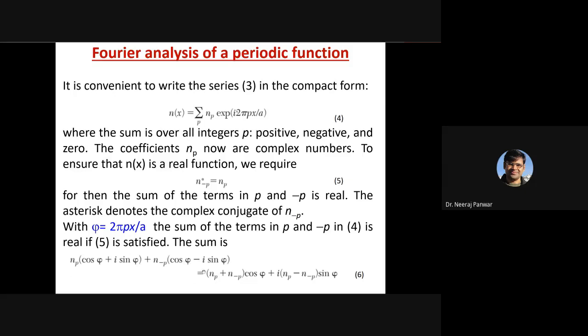These terms can be reshuffled: cos phi terms can be taken together, (n_p plus n_minus_p) cos phi plus i (n_p minus n_minus_p) sin phi.